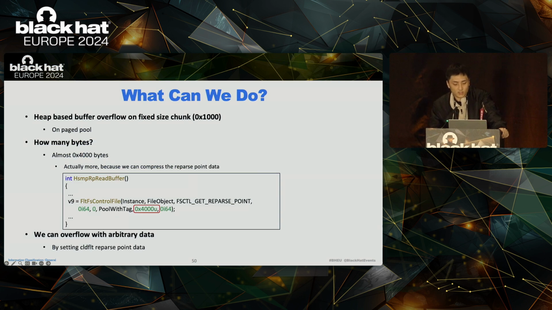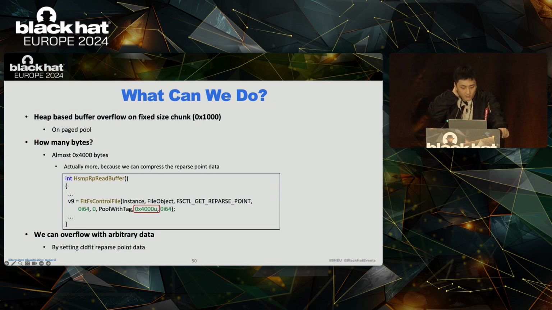So, what can we achieve with this vulnerability? First, we can trigger a heap buffer overflow in a chunk of hex 1000 bytes in the paged pool, where the chunk size is fixed. Moreover, if you check the part that retrieves reparse point data, you will notice it can read up to hex 4000 bytes of data.